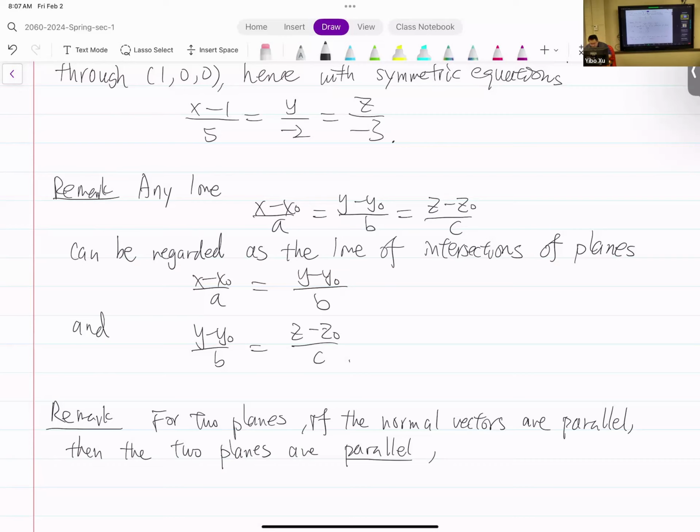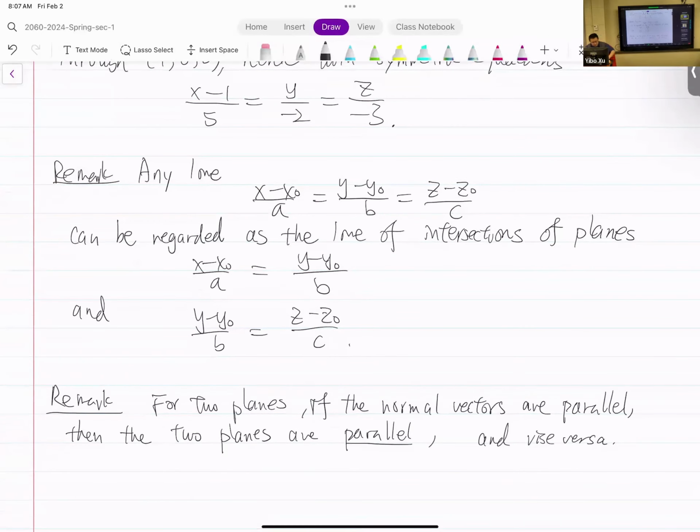So basically, if you have two parallel planes, then the normal vectors are parallel; and if the planes intersect, the normal vectors are obviously not parallel. That's the last one. And that finishes our really long section on lines and planes.